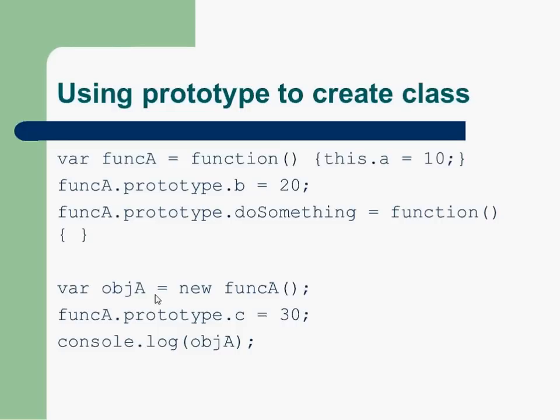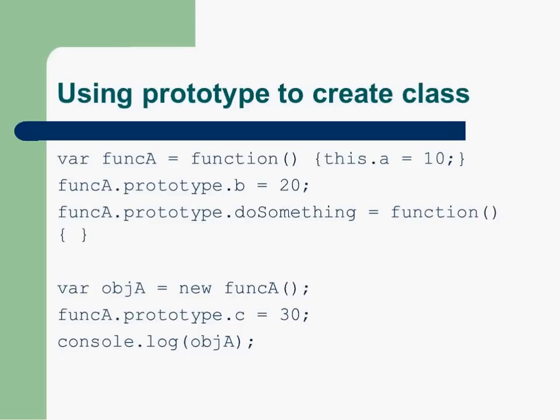And one interesting property: because the prototype is a link, even if you change the prototype of the function after an instance is created, the change will be reflected in all objects. In the prototype, I can access only the prototype variables, not the object variables.